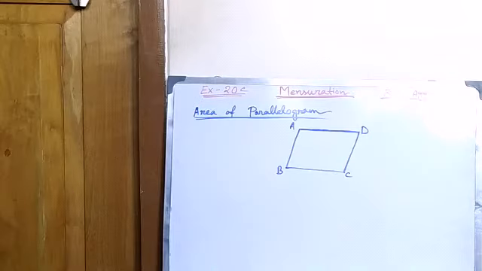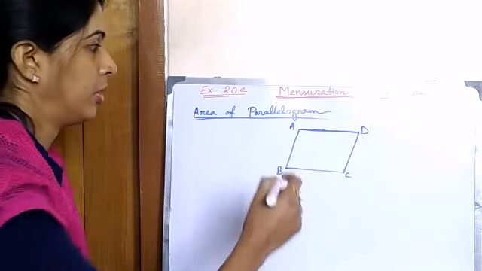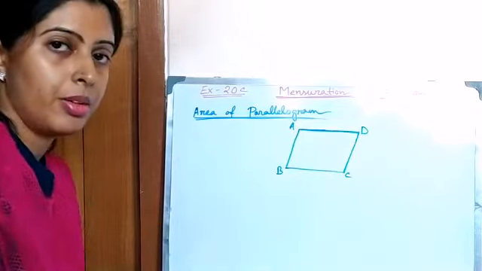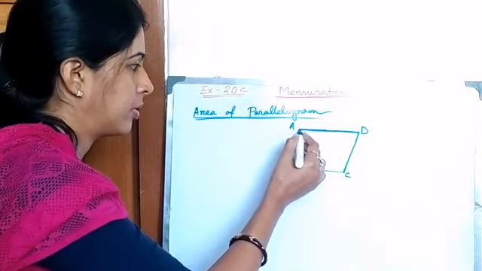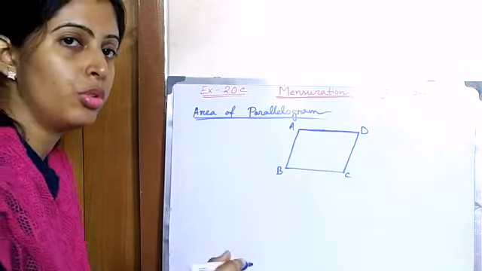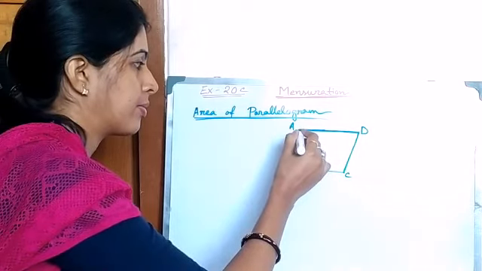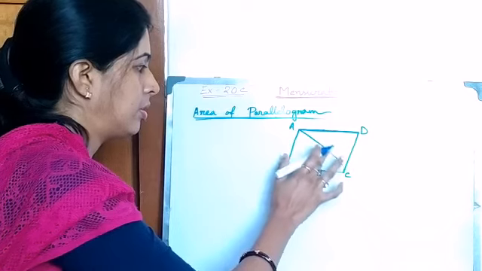Now I will discuss the area of the parallelogram. ABCD is a parallelogram. Here I will draw the height of the parallelogram. First I will divide this parallelogram into two triangles by the diagonal AC.